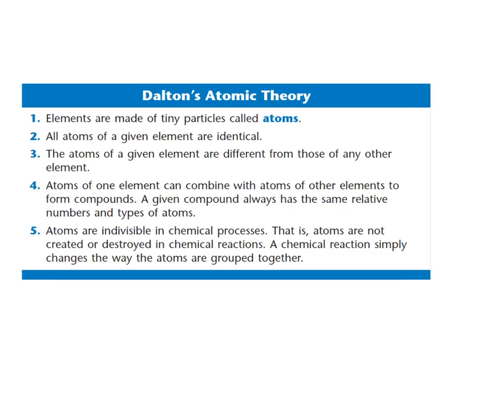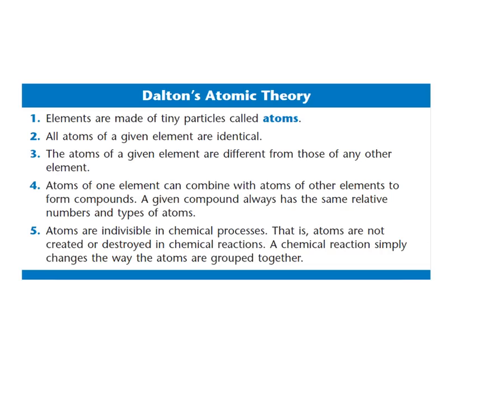Number 4, atoms of one element can combine with the atoms of other elements to form compounds. A given compound always has the same relative number and type of atoms. For example, water is made up of 2 hydrogens and 1 oxygen.